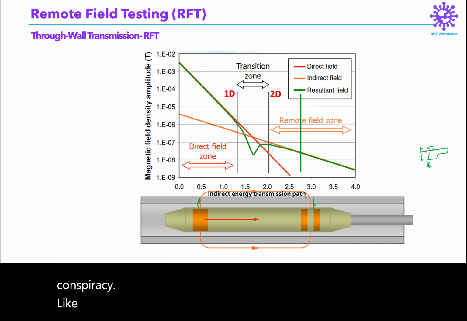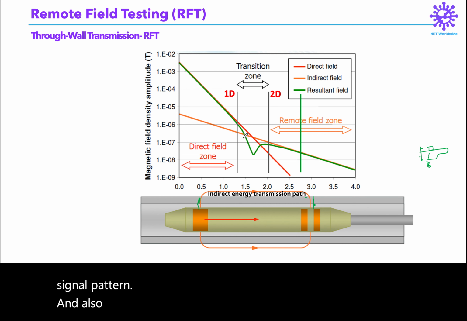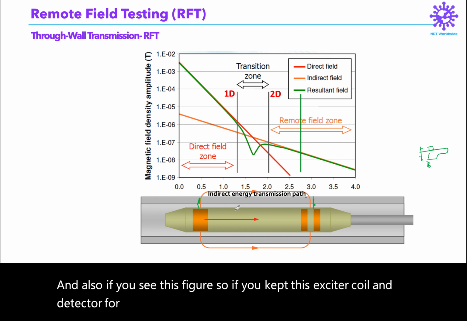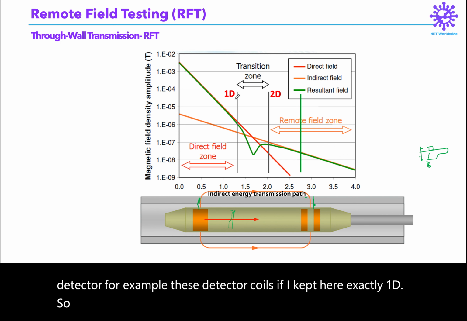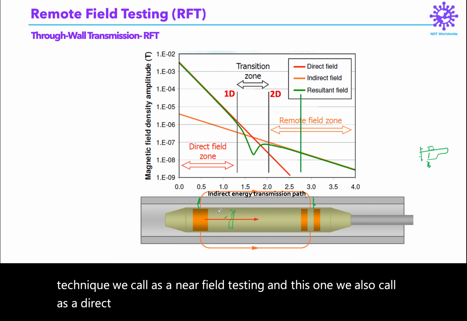But if there is any discontinuity inside, the signal changes, and you can see a different signal pattern. Also in this figure, if you keep the exciter coil and detector coil at exactly 1D, this technique we call near field testing, also called the direct field zone, because here you are producing the field and this coil is sensing it.